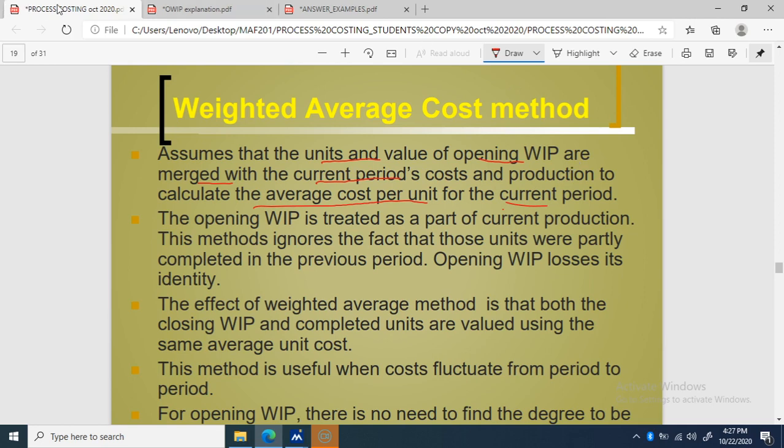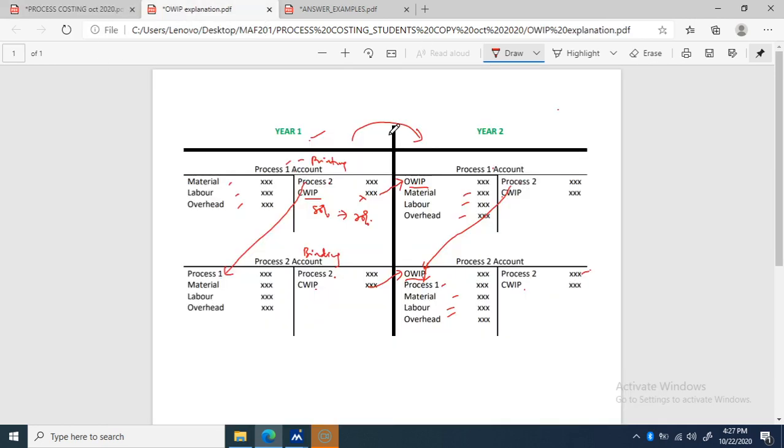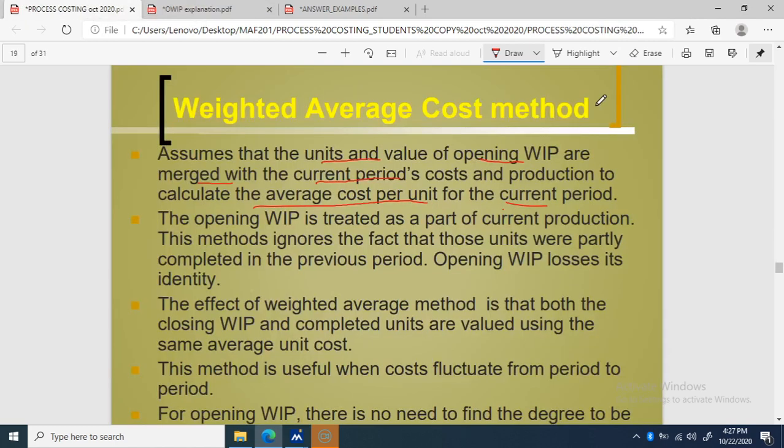In this case, the OWIP has 80% cost last year and 20% cost this, the current year. So they have two costs from different periods. We calculate the CPU as an average, the last year cost plus this year cost, to get the average cost. That's why we call it the weighted average cost method.